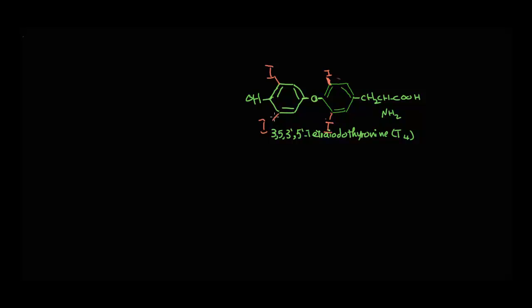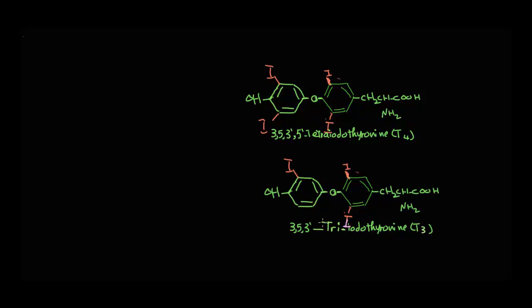The definition of a thyronine is 2 tyrosyl moieties linked together by an ether linkage. This oxygen represents an ether linkage. An ether linkage is defined as an oxygen group linking 2 alkyl or 2 aryl groups.